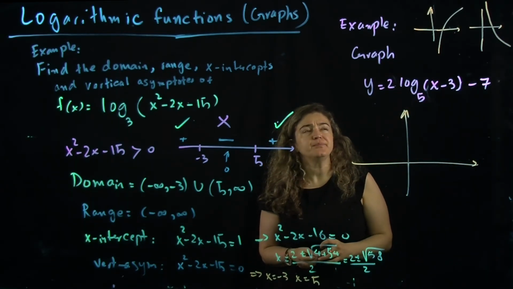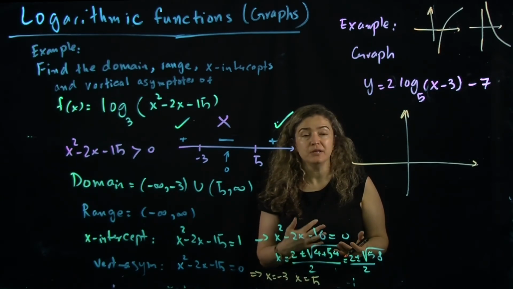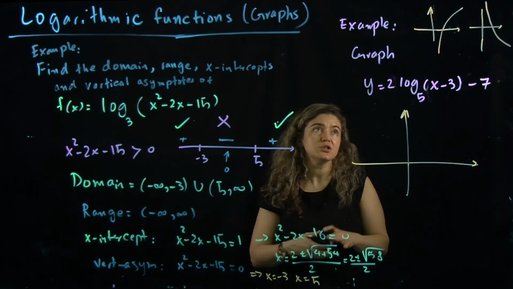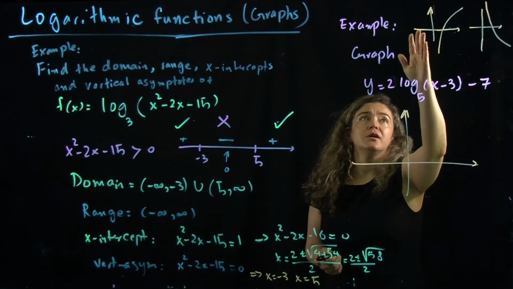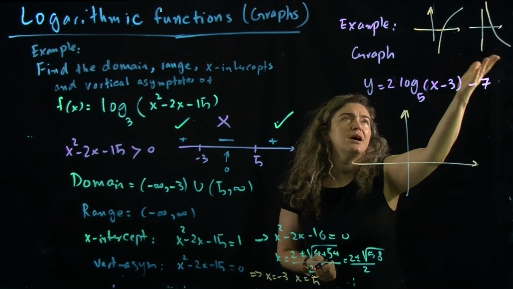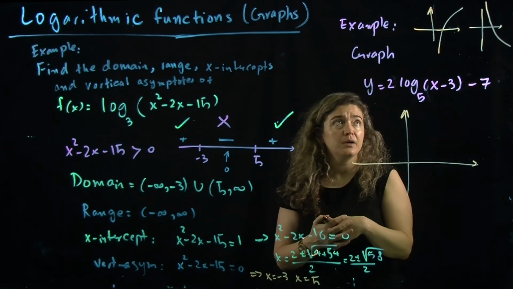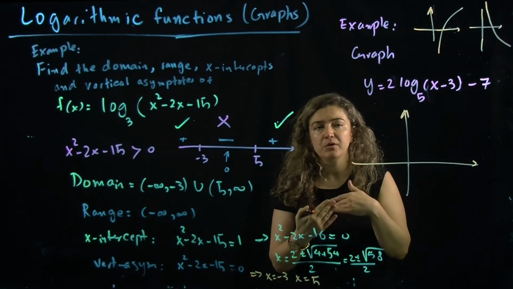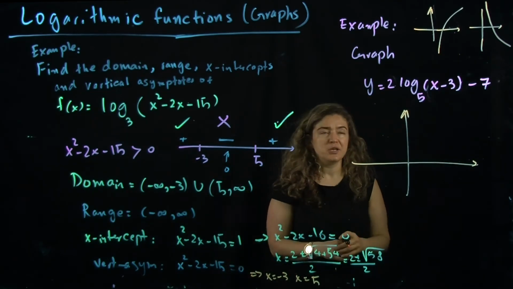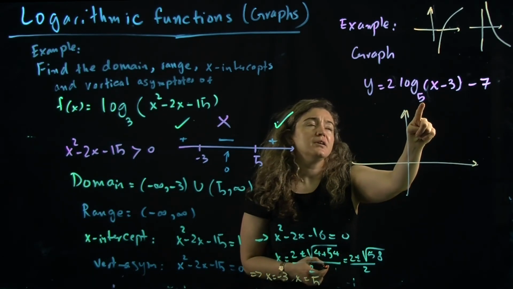Depending on how we use the mirror image, you can get a mirror image over the y-axis, or a mirror image over the x-axis. When you get a mirror image over the x-axis, you get one of the other two mirror images. Now, this one has a base 5.